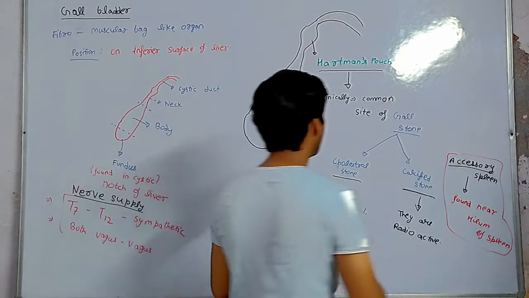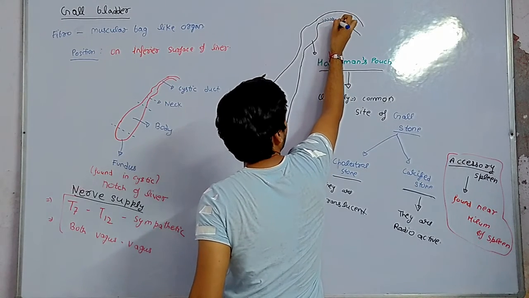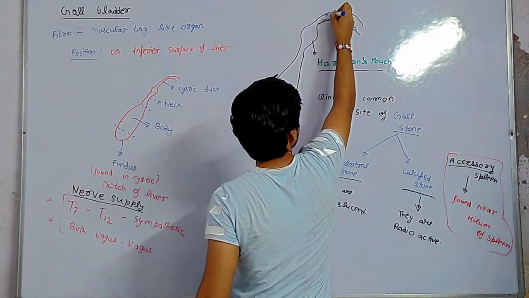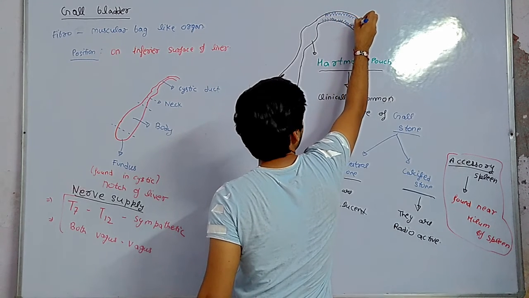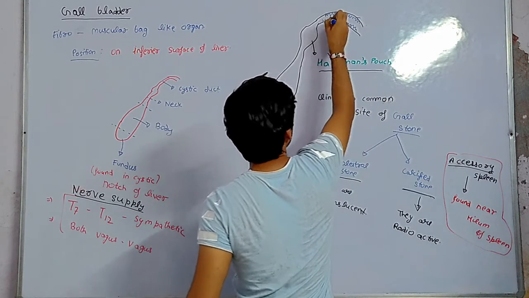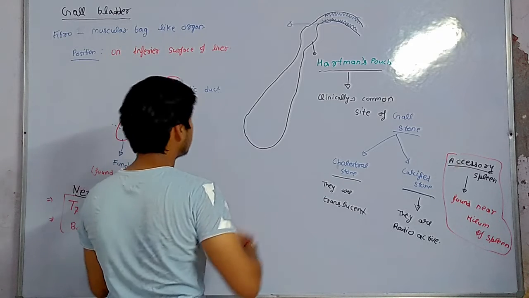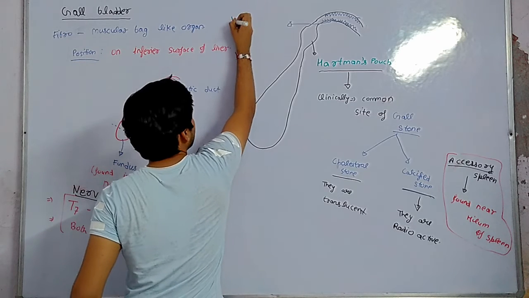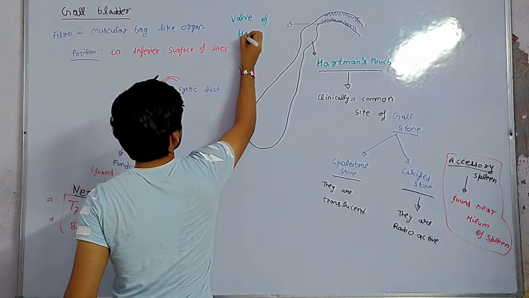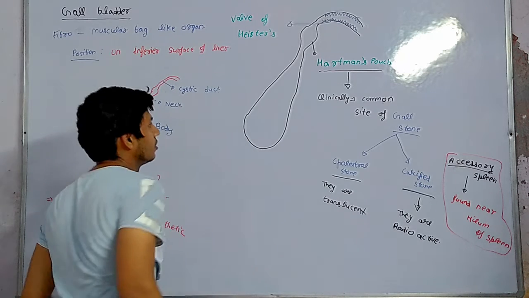Inside the duct there are some projections like this, some rough area. These are called the valve of Heister.